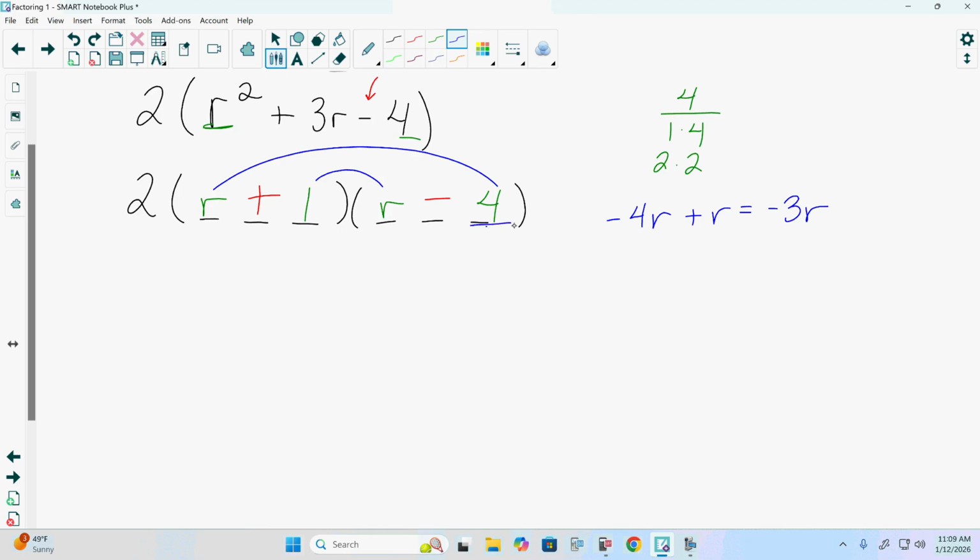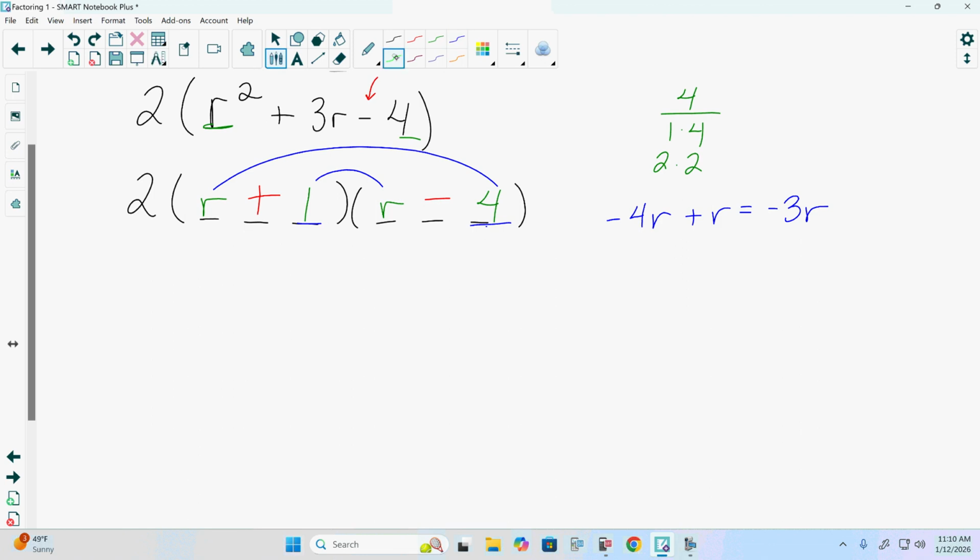So where we put the 4 and where we put the 1? Whichever one goes first, it really doesn't make a difference how we write it out. I'm just multiplying left to right.